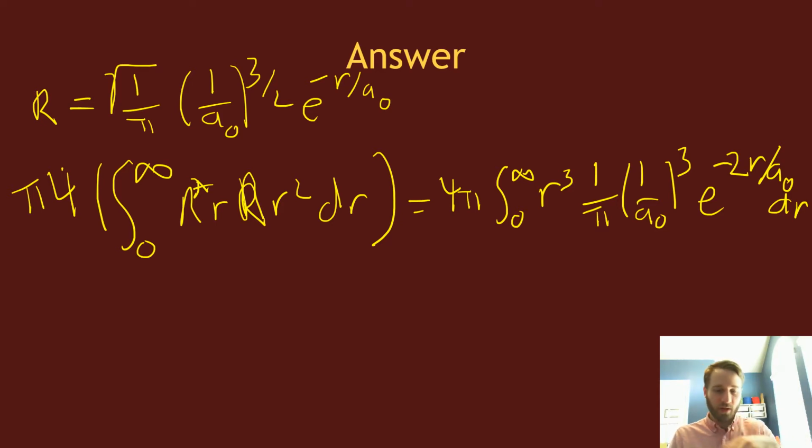We get 1 over a naught cubed because we get that squared, and then e to the minus r over a naught times e to the minus r over a naught is just e to the minus 2r over a naught.